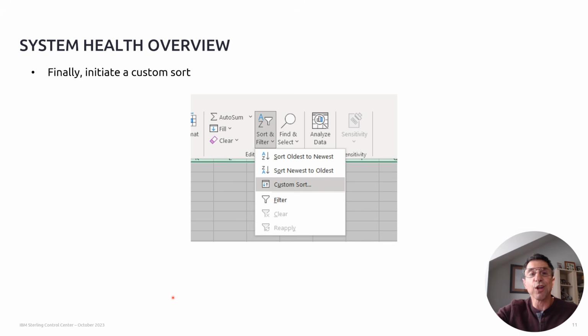The next thing you'll want to do is sort this data, and to do that, at least in the version of Excel I have, you'll go to Sort and Filter, and then click on Custom Sort.